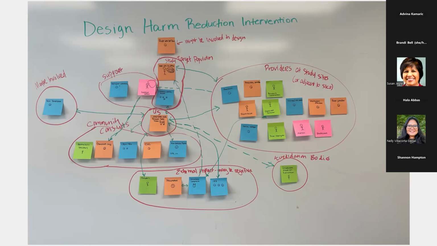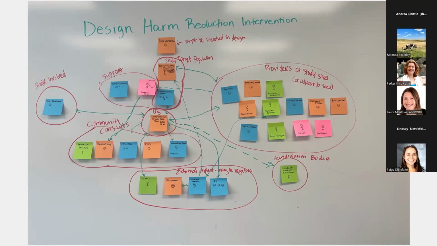If you zoom in really far, you can see that someone drew a sad face on that sticky note, but again, thinking of everyone who might be involved. So I just encourage you all, if you're really starting from scratch and designing an intervention with community, that you use a process like this or something similar to make sure you're really thinking about who should be involved.